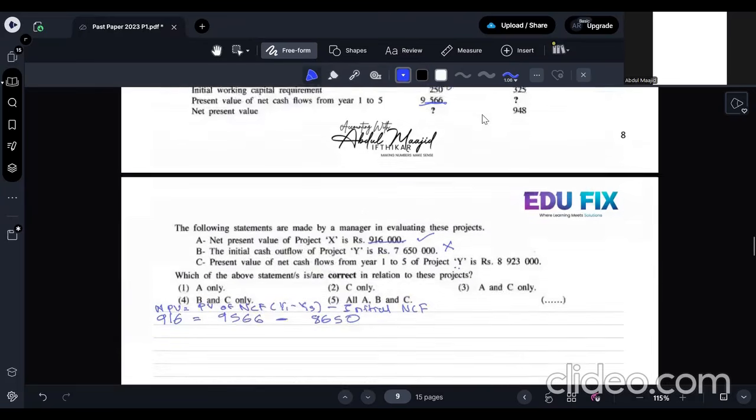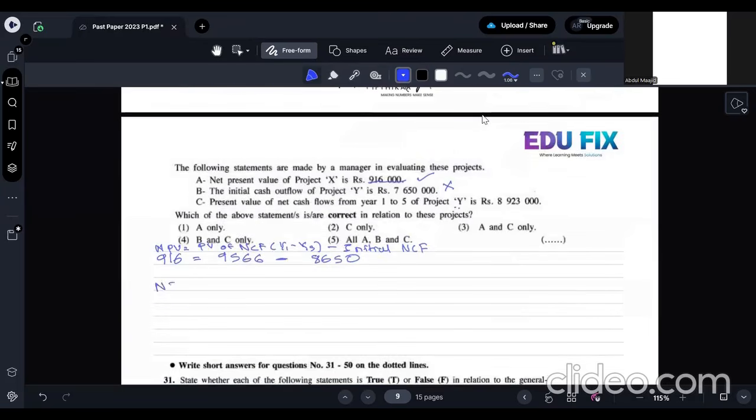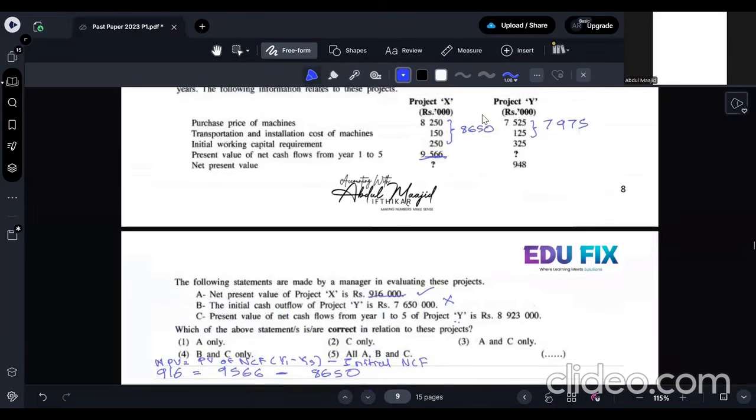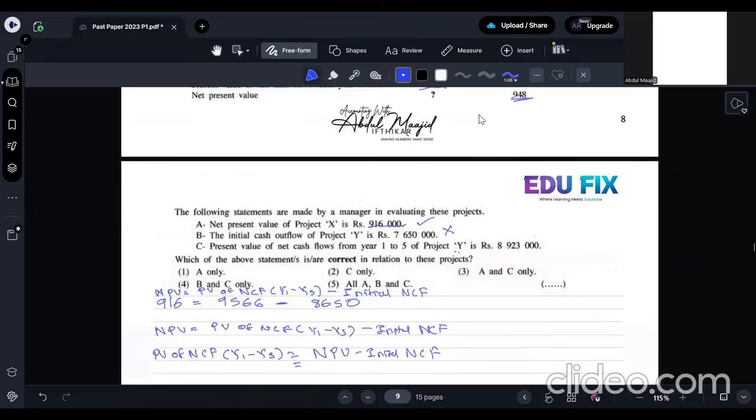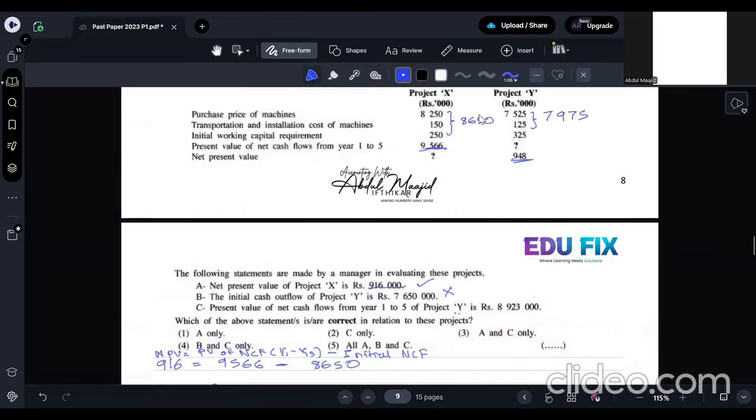C. Present value of net cash flow from year 1 to 5 of project Y is 8,923,000. So we'll find it out using the same equation. NPV equals present value of net cash flow of year 1 to year 5 minus initial net cash flow. And how can you find the present value of net cash flow from year 1 to year 5? In this question, they have given the NPV as 948.